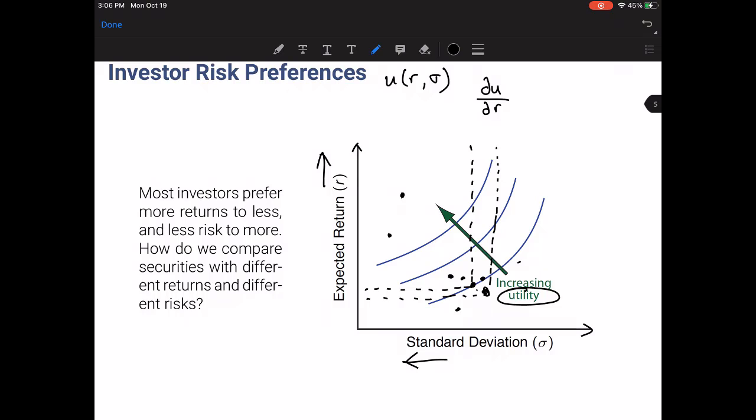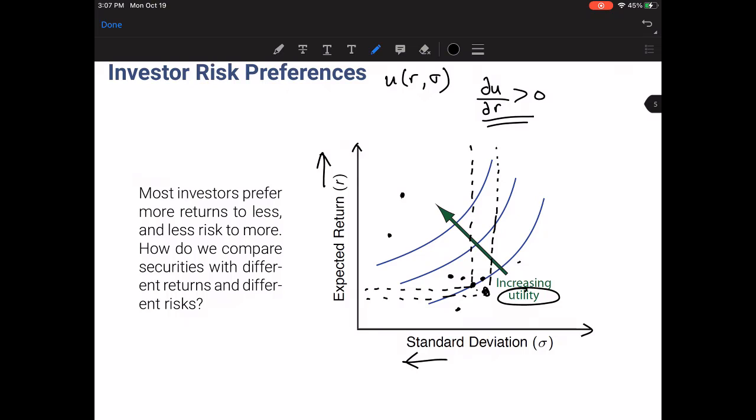So increasing R just a little bit is going to make our utility increase, right? So this relationship between U and R should be positive. This D character is actually a partial derivative. So taking the partial derivative of U with respect to R is going to give us a positive sign, a positive relationship. This just means more returns, more happiness.